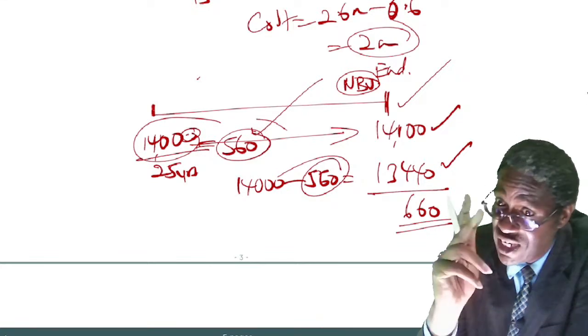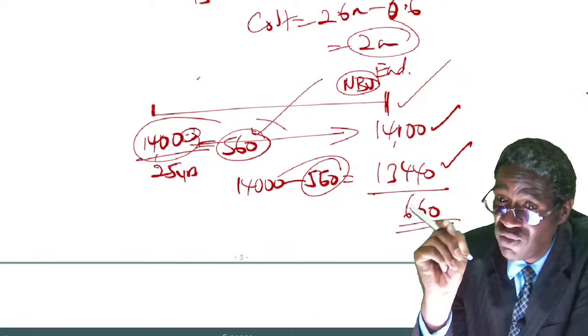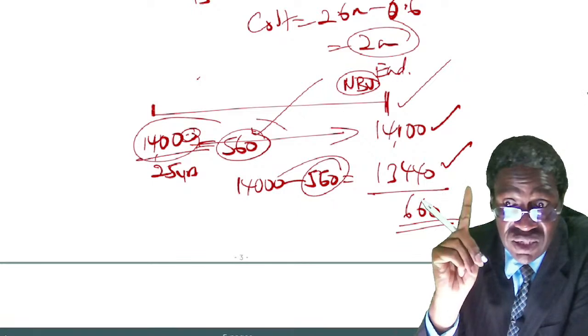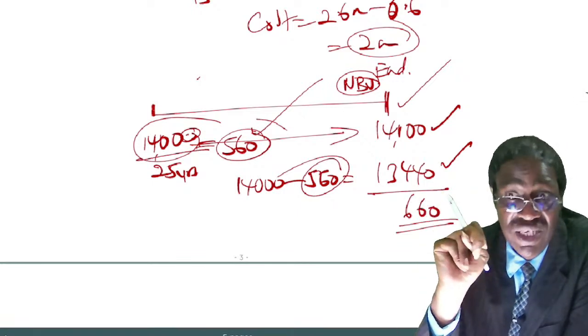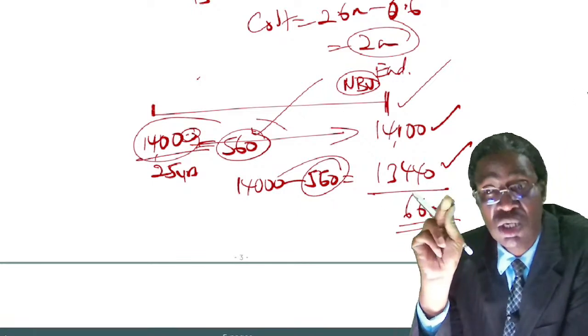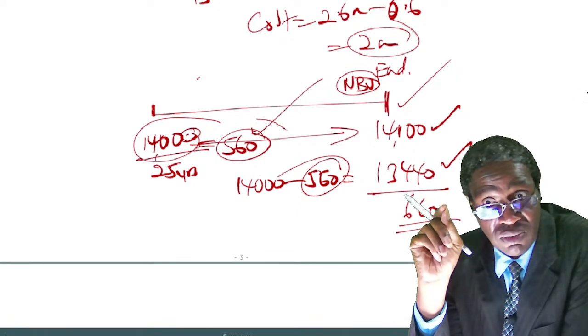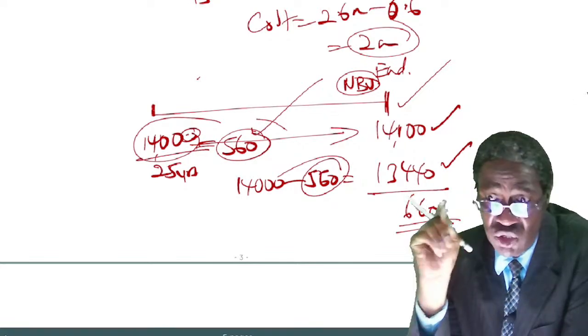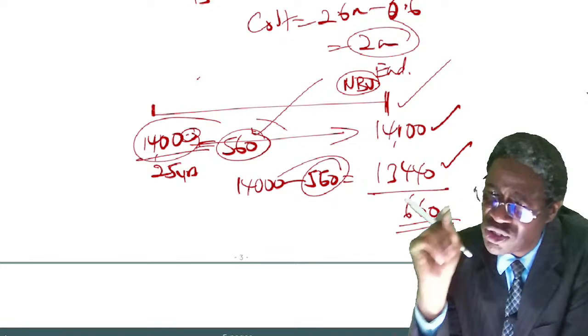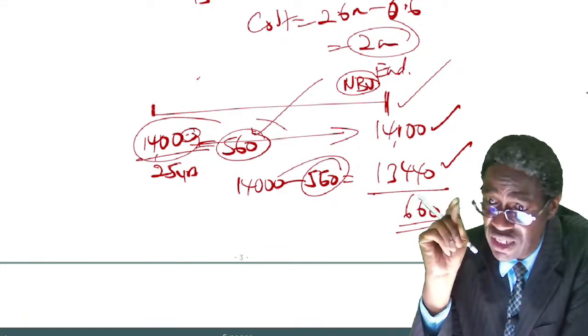So there are two things they are testing. One is the determination of the depreciation charge for the year, that 560. Number two, they are testing you on the determination of the gain or loss on revaluation. Now, listen carefully. I've told you another question we did in the normal class.